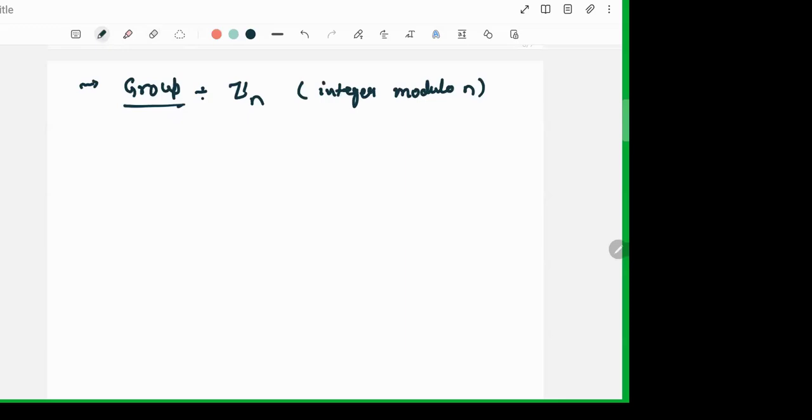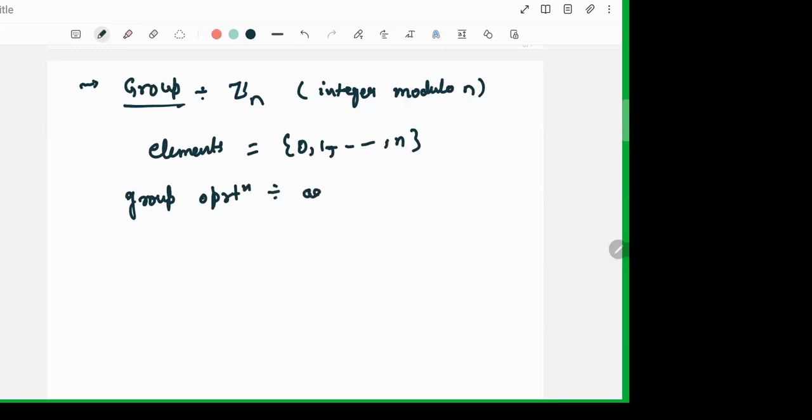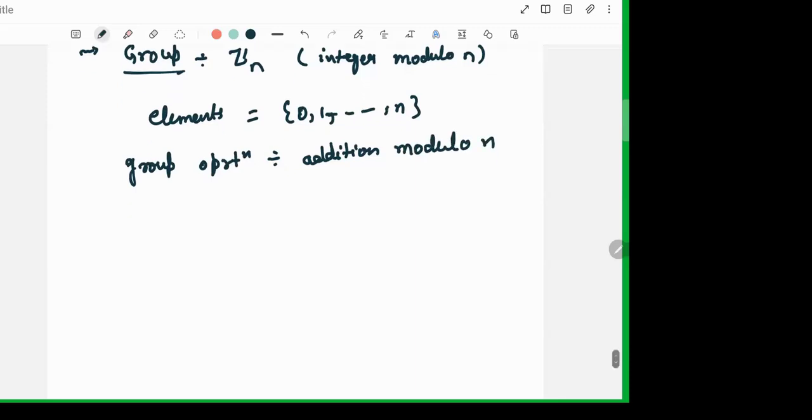The elements are 0, 1, 2 up to n minus 1. And what is the group operation? The group operation is addition modulo n. What do I mean by that?